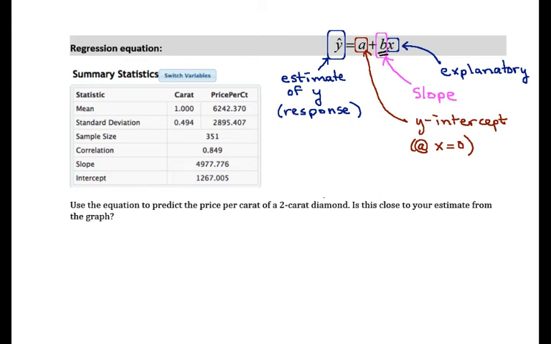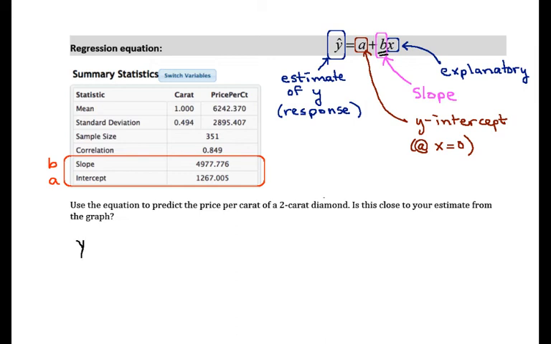So we get our information about this regression equation directly from the summary statistics, which come up in two quantitative variables in StatKey. We get these from the bottom of this box here. That slope there is my b, and that intercept is my a. So I can create my equation directly from this.